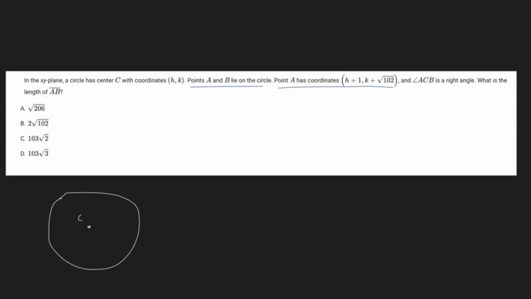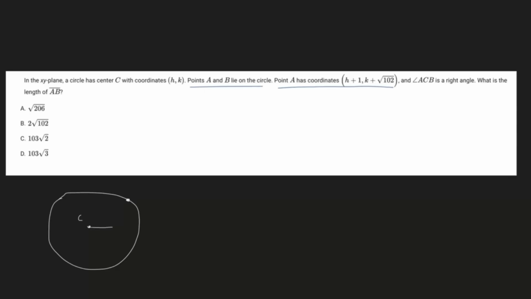But since we know point A is somewhere on the circle, let's just label point A here. We know what this plus 1 represents in relation to (h, k), and we know (h, k) is the center, right? So this is our center, and point A has the coordinates of h plus 1, so h determines the x-axis location.